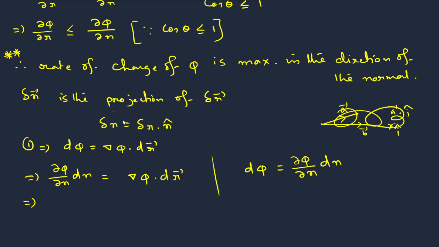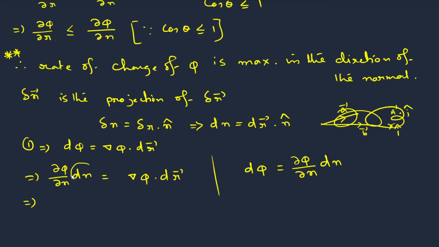This implies, again you see here, in place of this delta n, what can you write? Delta n in the limiting position will become dn. Limiting position means if we take the limit delta r tends to 0 and delta n tends to 0, then this will become dn equals dr bar dot n cap.